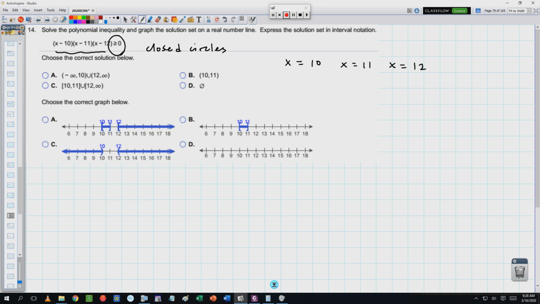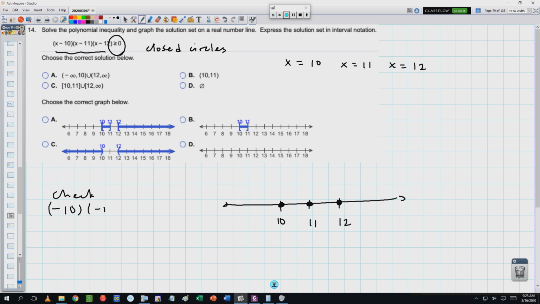And it looks like A is the choice, but I'm going to check a point. 10 should be closed, 11 should be closed, and 12 should be closed. And if we could check one point, the rest of it would just be an alternating pattern. I'm going to check 0. 0 take away 10 is negative 10.